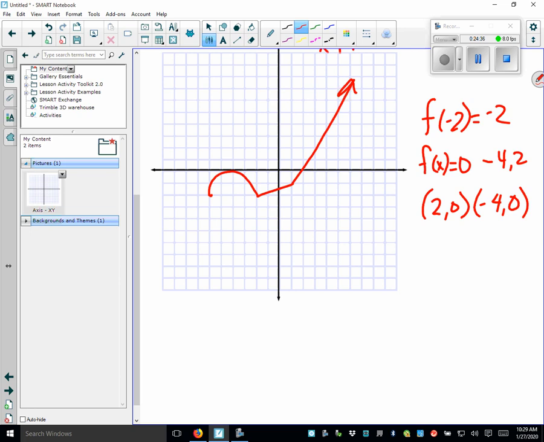What's the y-intercept? 0, negative 1.5. Right? Everybody okay with that? What was the first one? What is f of negative 2? Whenever x is negative 2, what is y? That's what that means.